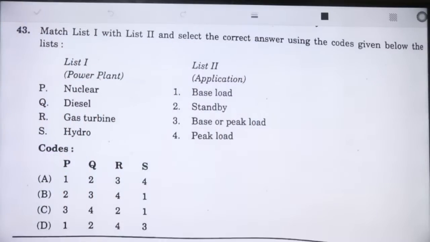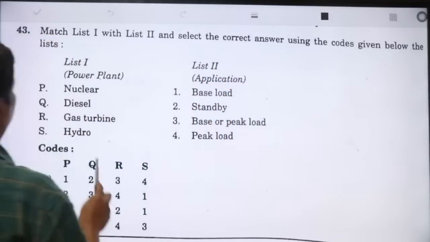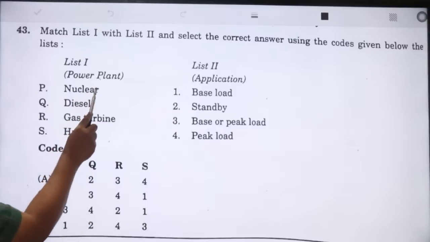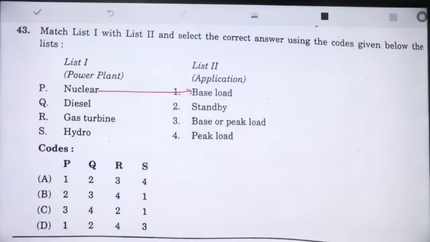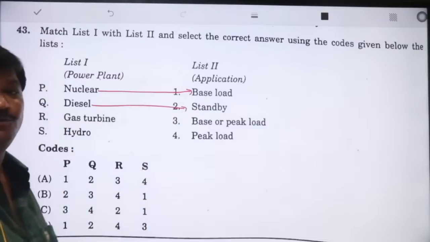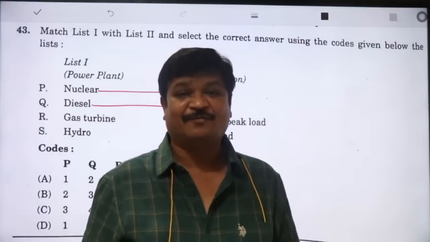See here. You can check it. Nuclear power station is base load. So many times I told you, diesel is standby. For that I gave one example: in a cinema theater, when power fails, what will the people do?